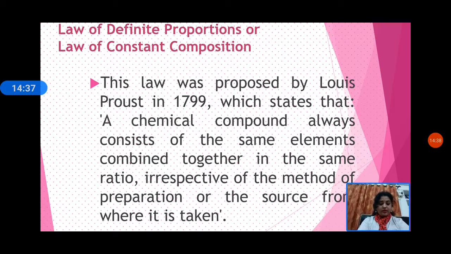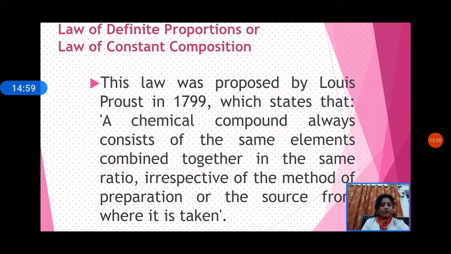Now come to the second law. Law of definite or constant proportion. This was given by Joseph Proust in 1799. What does this law say? A chemical compound always contains same elements and the proportion by mass is always definite and constant.